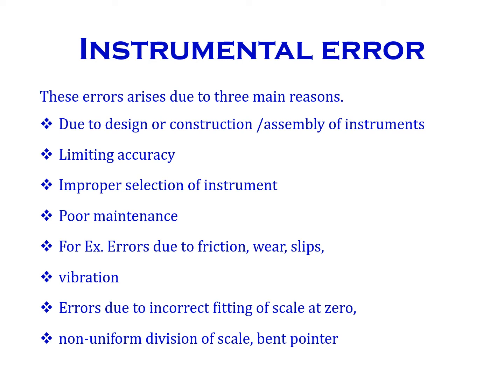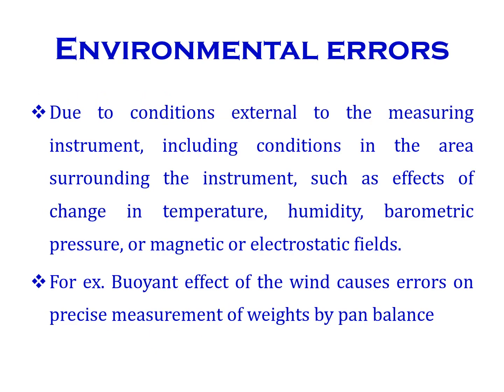If we are going to measure a lengthy object, we have to support that lengthy specimen at two pivots in such a way that the distance between the two supports is 0.577 times L, the overall length of the specimen. Then only the ends will be parallel to the measuring instrument. So that calculation we have to consider. That is called an important measuring technique.